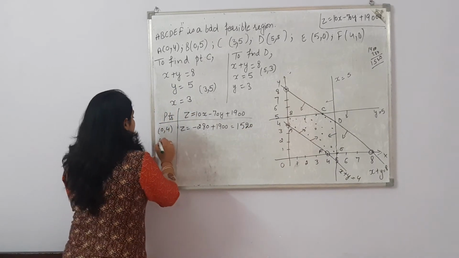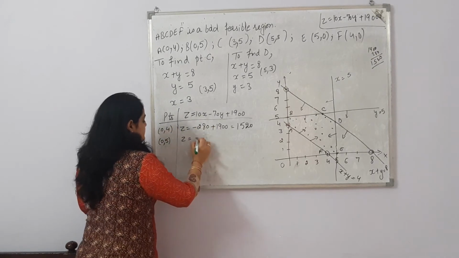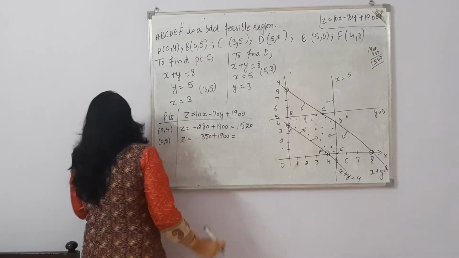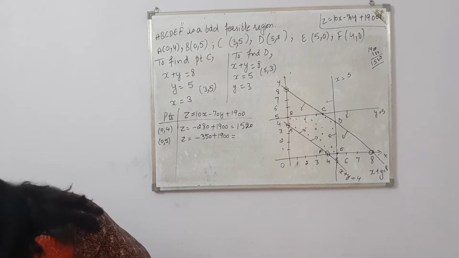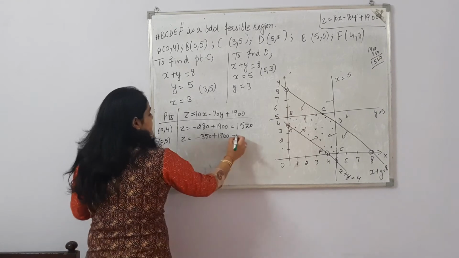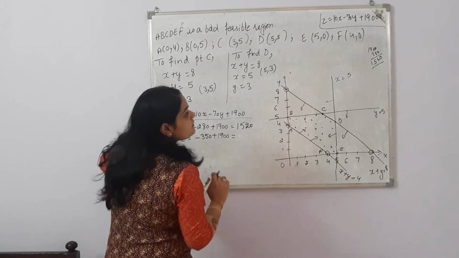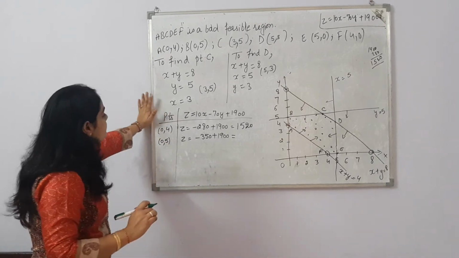Now at (0, 5), x is 0, minus 350 plus 1900.